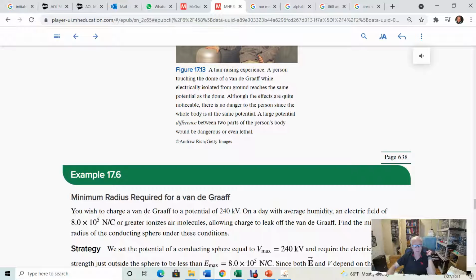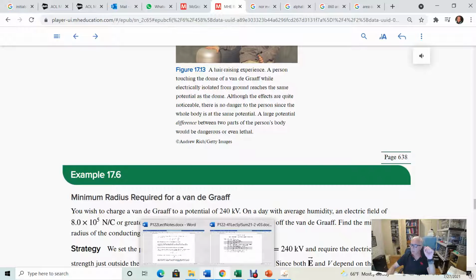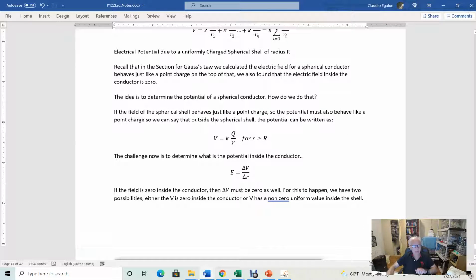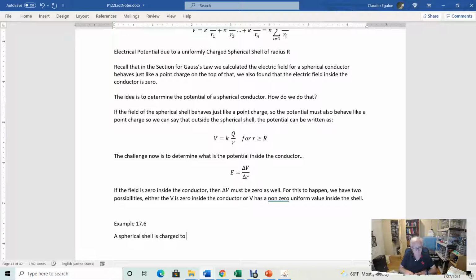Let's go there to the notes. Example 17.6. A spherical shell is charged to 240 kilovolts.